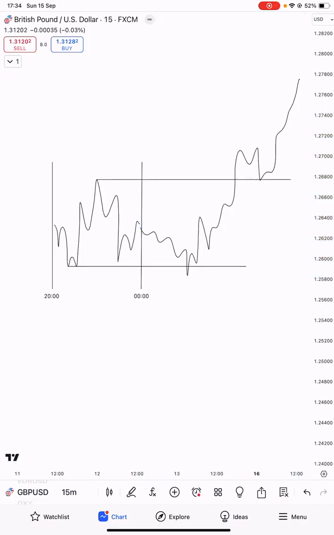So that's how I do it. If you scroll back in my Twitter feed, you will see my entry on Euro. I missed the sweep because I was asleep, and I came to the charts around 6 a.m. My entry was on the retest of the Asian range.